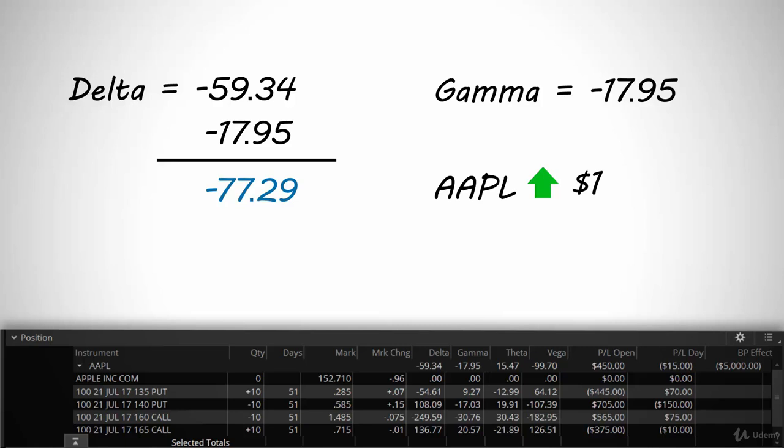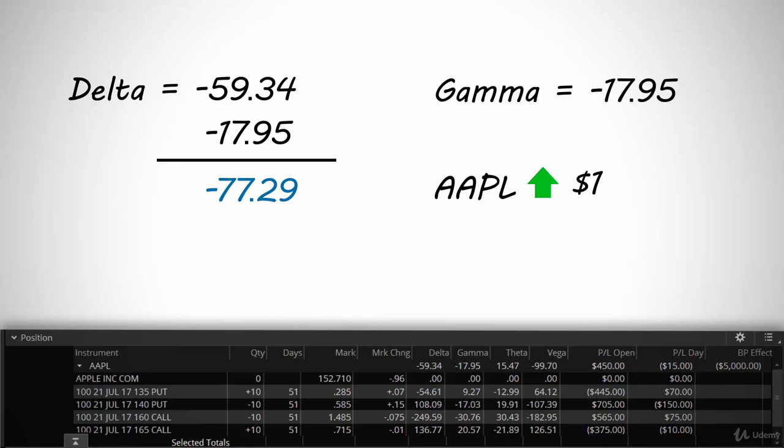We already calculated that our position would lose $59 if the stock traded up $1. Gamma tells us what our position would lose if Apple trades up another dollar, and that is $77. As we can see, our short delta position continues to get higher as the stock continues to trade up.